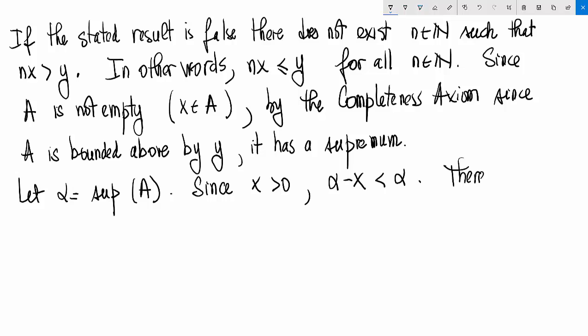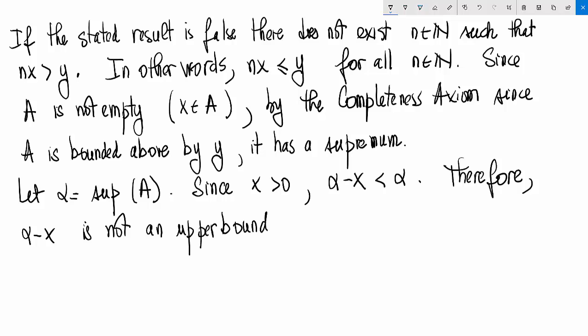So therefore alpha minus x is not an upper bound, since it is less than alpha, and alpha is supposed to be the least upper bound.